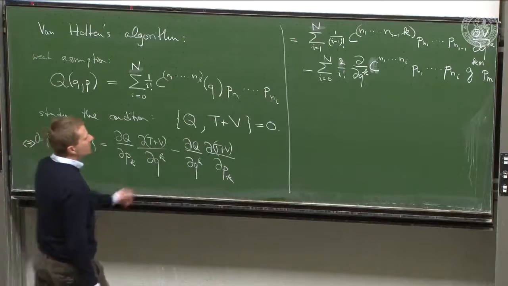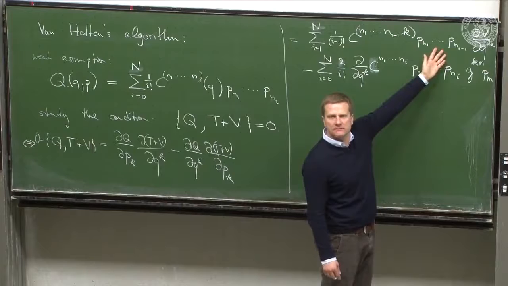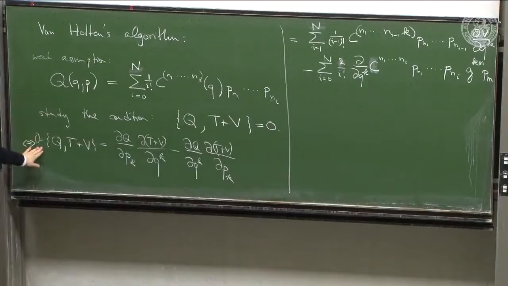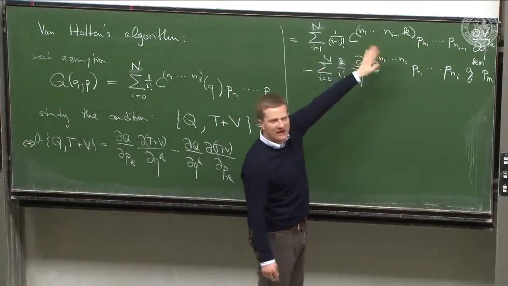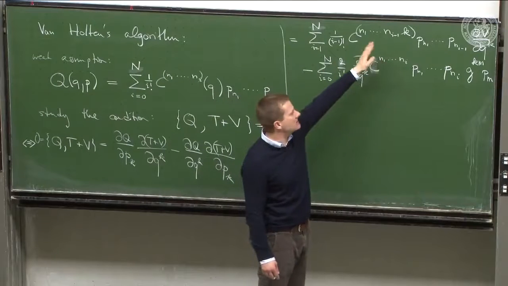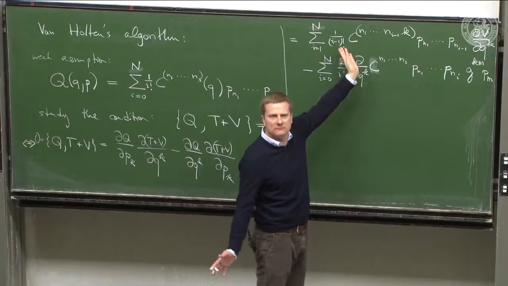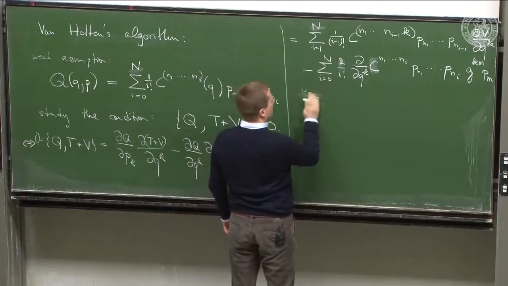Now, this is, of course, polynomial in the p's again, and it's supposed to equal 0, meaning we can now look at every order in P and it must vanish separately. That's also clear.